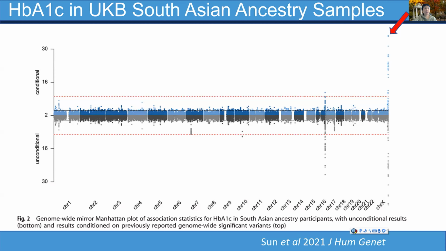In certain ancestral groups, including African ancestry, and here showing South Asian ancestry, when there are variants affecting those red blood cell genes, that can affect how accurately hemoglobin A1C measures glycemic control.